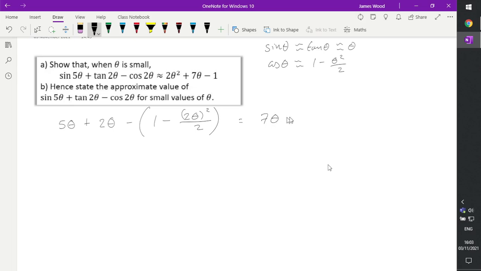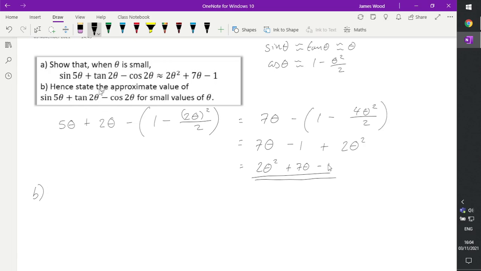So I've got 7θ for the first two terms, and minus this bracket, which is 1 − 4θ²/2, because I've got 2θ all squared. So this is 7θ − 1, and then plus, well, this would just be 2θ², because 4θ²/2 is 2θ². So I'm left with 2θ² + 7θ − 1, which is the expression they were after.